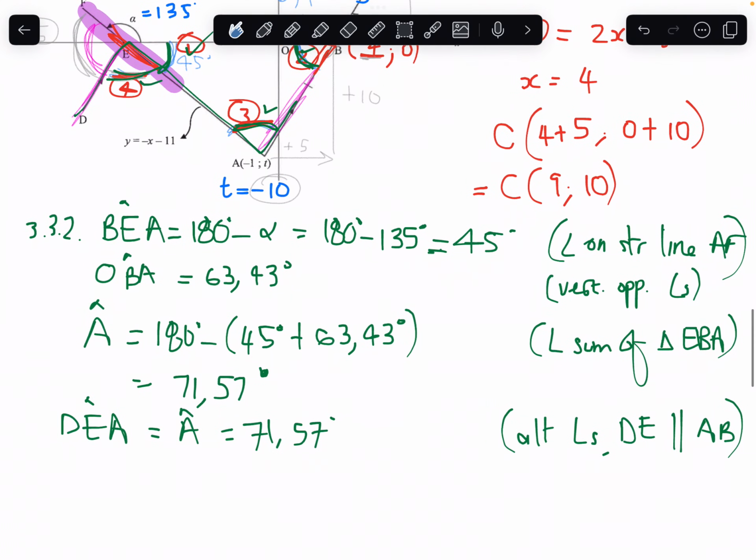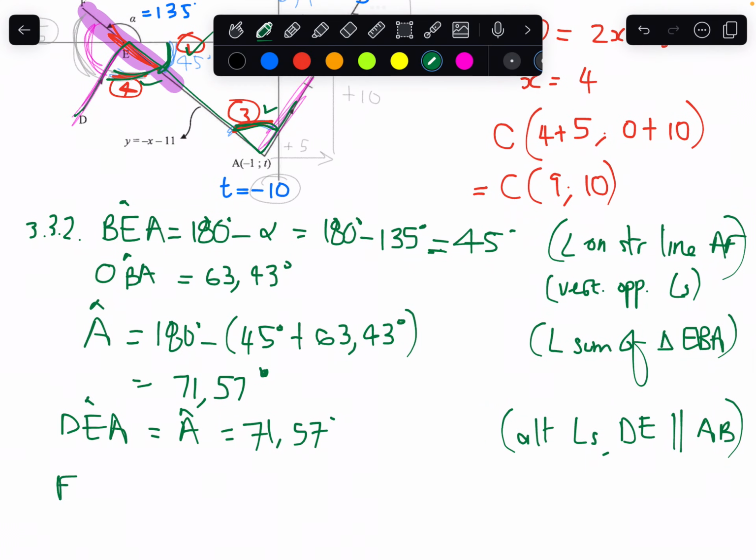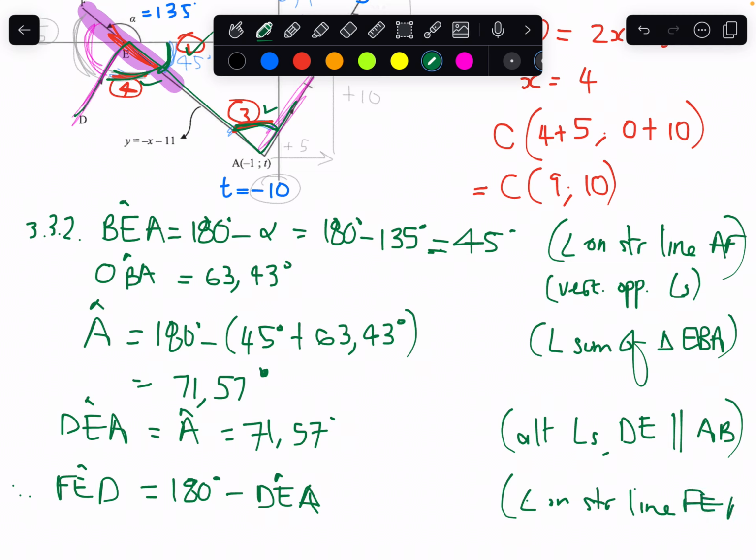Angle FED is then equal to 180 minus angle DEA, and that's because angles on straight line FEA, or just FA, that's fine.